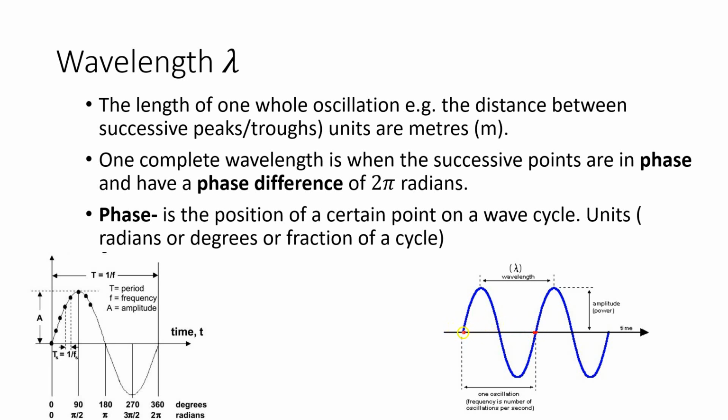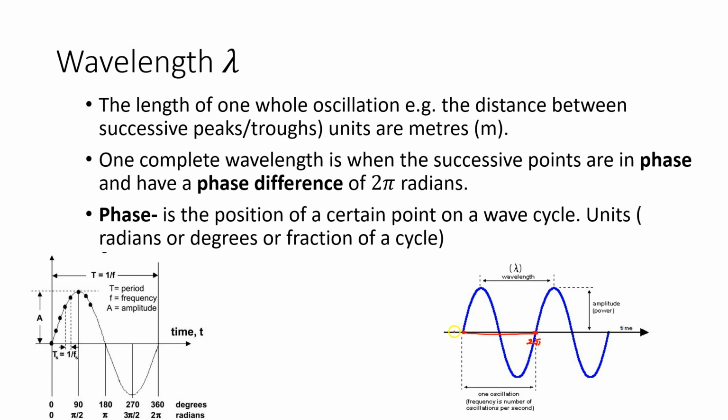What I mean by in phase is that they must be on the same level of displacement. So this point here is on the same level of displacement, so they are in phase with each other. But not only that, there will be a phase difference of 2 pi radians. So from here to here would be 2 pi radians.